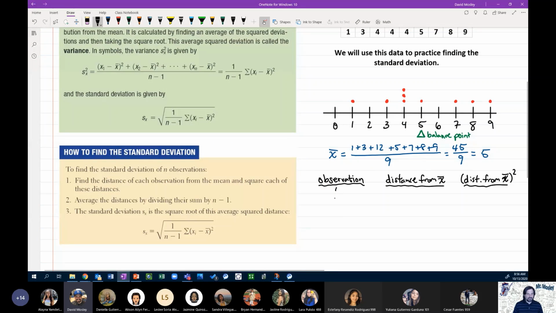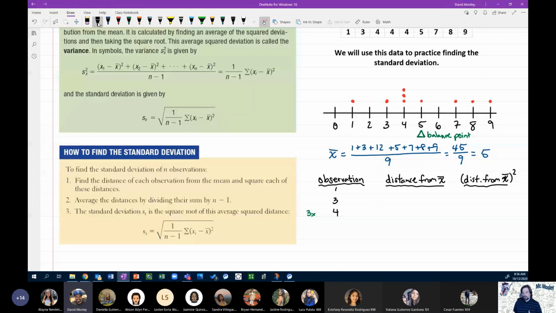So we have 1, 3, 4. And I'm not going to write the 4 three times. I'm just going to make a little note here. There's 3 of these. This is maybe not the proper way.